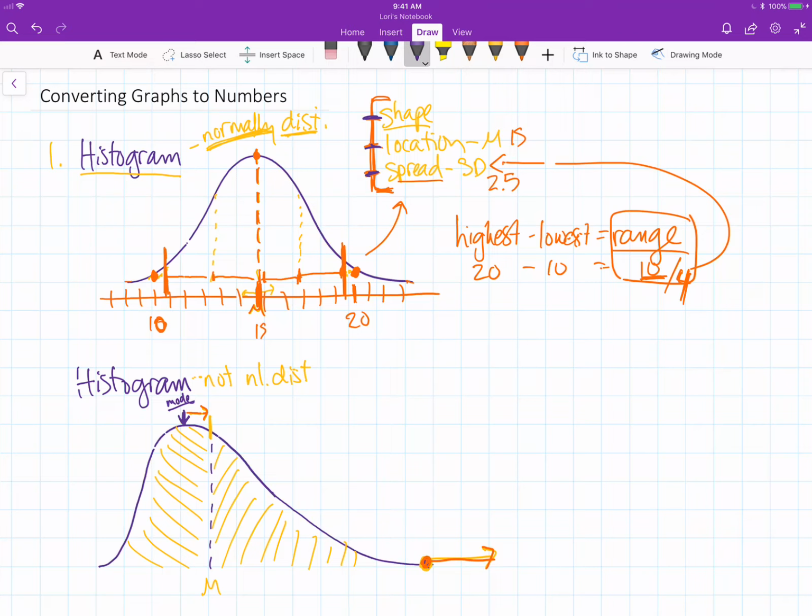Median gets pulled less because it's less influenced by extreme outliers that might be out here or even way out here. So the median is the middle point of data, and the median would also be pulled over here to the right, but not nearly as much as the mean.